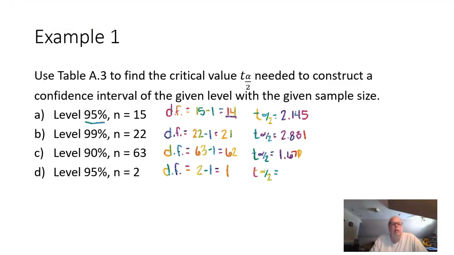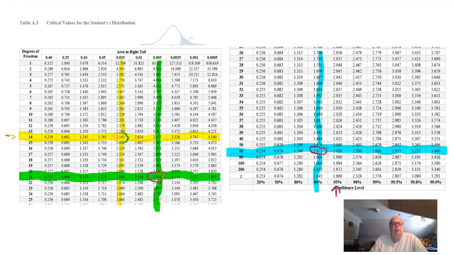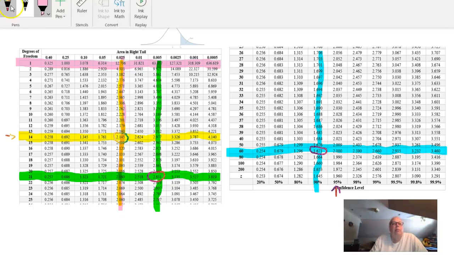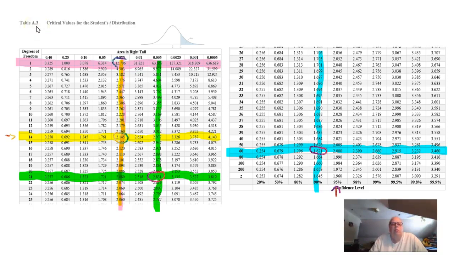Line 1 is the one right here at the very top. And 95% we've already done, the fifth one from the left. And so our t value, pretty big this time, is 12.706.